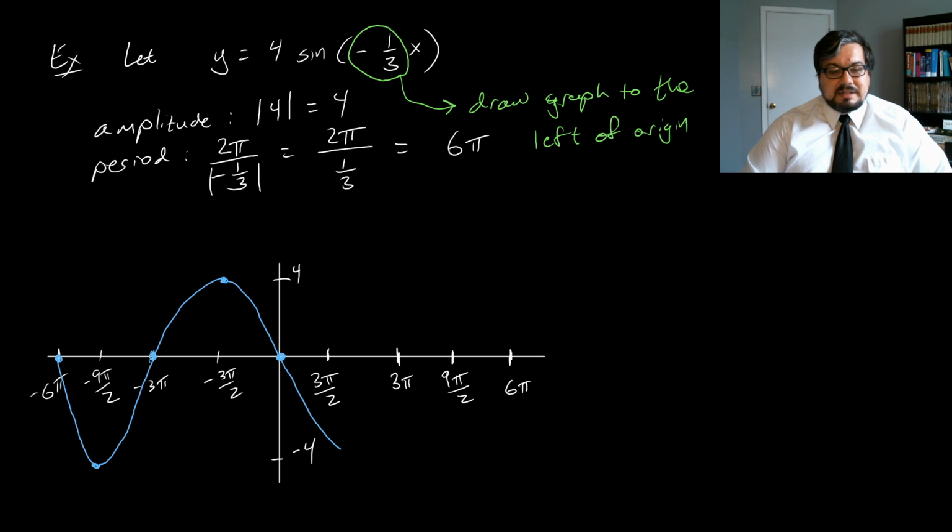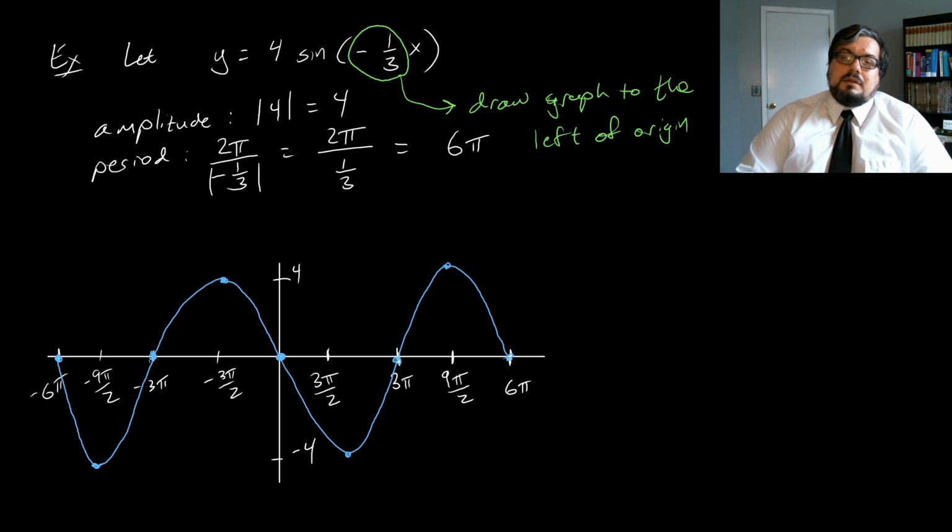And then we're going to continue the pattern of up and down as we continue through here. So this is what the graph of 4 sine -1/3 x looks like.